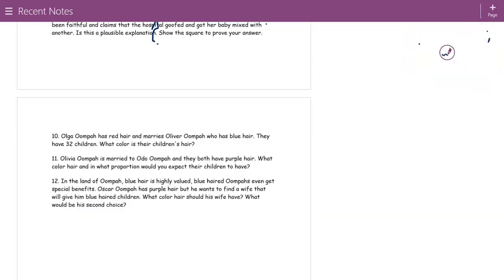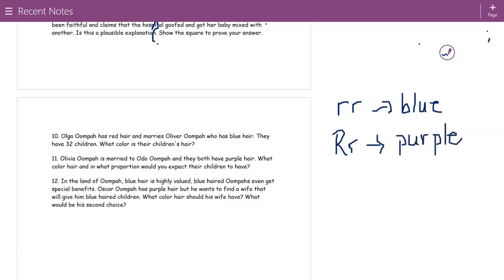All right, so I'm going to write that first so we can be consistent. And that is red.